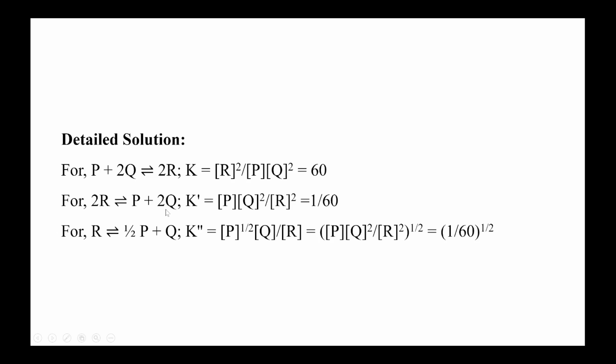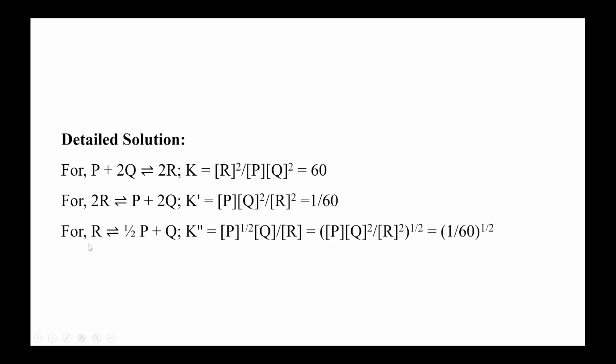For the reverse reaction, the equilibrium constant would be Q square multiplied by P divided by R square. And if you see, this is exactly the reciprocal of the above reaction, because it is the reverse of that reaction. So the equilibrium constant will be the reciprocal of the initial reaction. So that is 1 by 60.